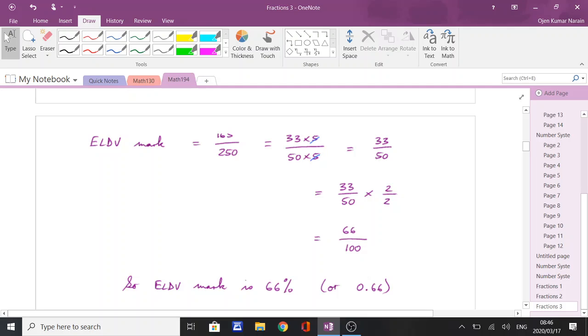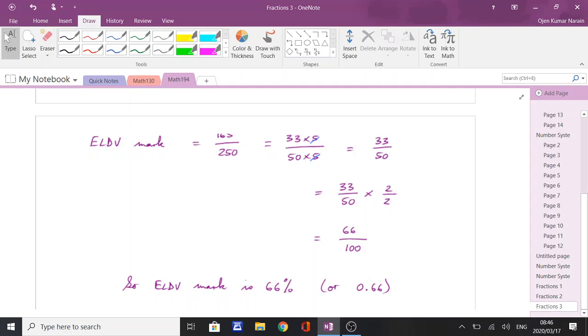So ELDV mark 165 over 250. Again, we will try and make it out of 100. There's various ways again. So one way is that 165 and 250 has 5 as common. So we both multiply 33 by 5 to give you 165, and 5 times 50 is 250.